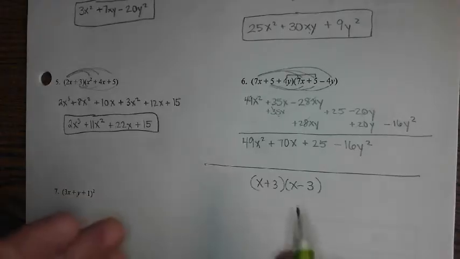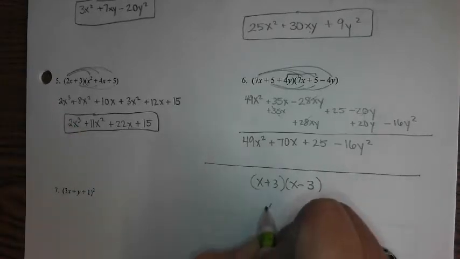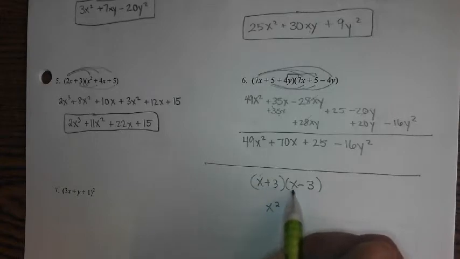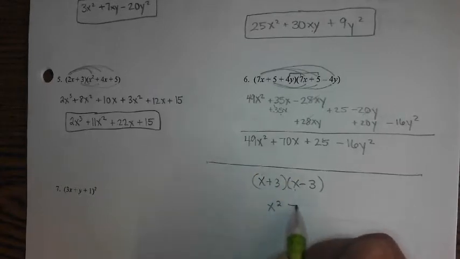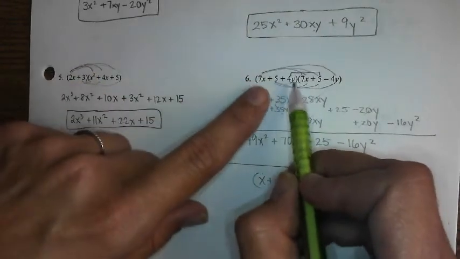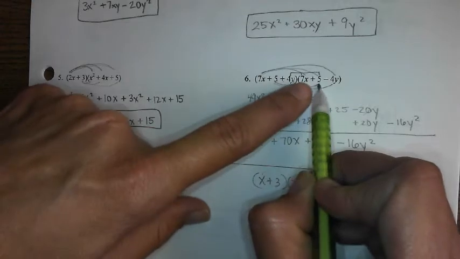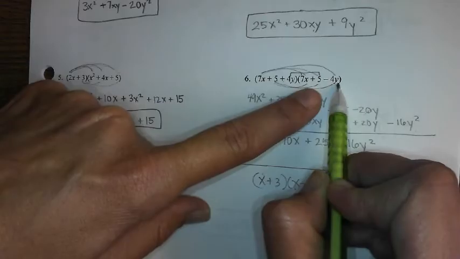And then when you FOIL them, they end up being the difference of perfect squares. Because your x squareds, you'll have a minus 3x, a plus 3x, which is a wash, and then a minus 9. This is conjugates a little bit differently. It's 7x plus 5 plus 4y, and 7x plus 5 minus 4y.